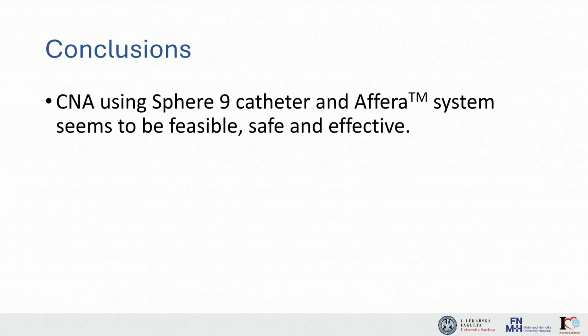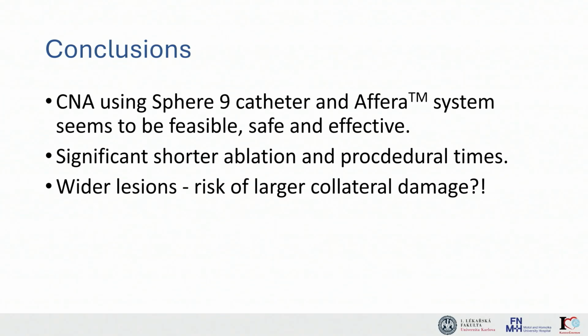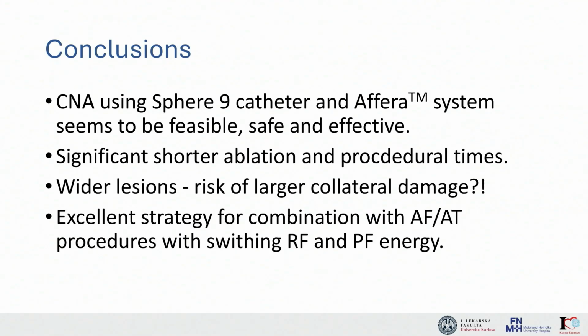Cardioneuroablation using this Sphere-9 catheter and Affera system seems to be, from our early initial experience, feasible, safe, effective. You have noticed significantly shorter ablation and procedural times. So we have wider lesions, so we don't know if there is a higher risk of larger collateral damage.